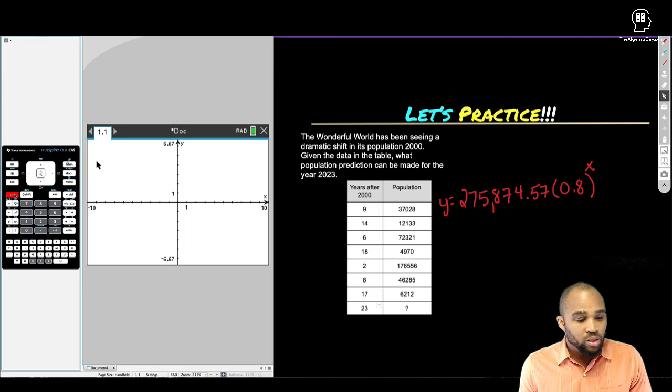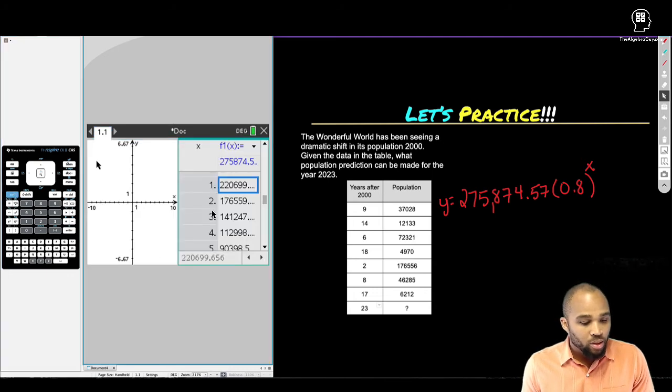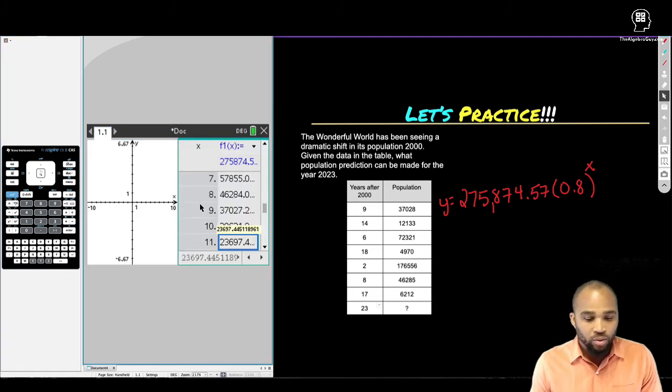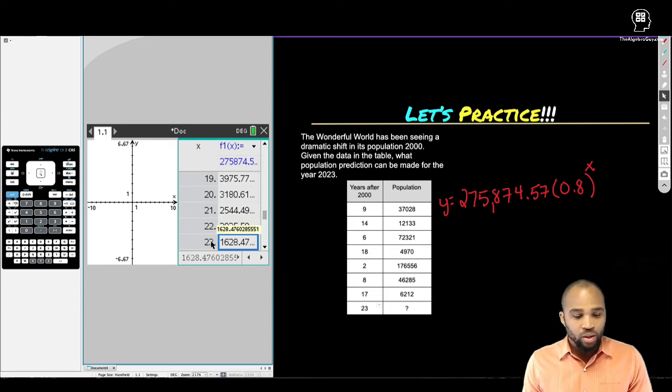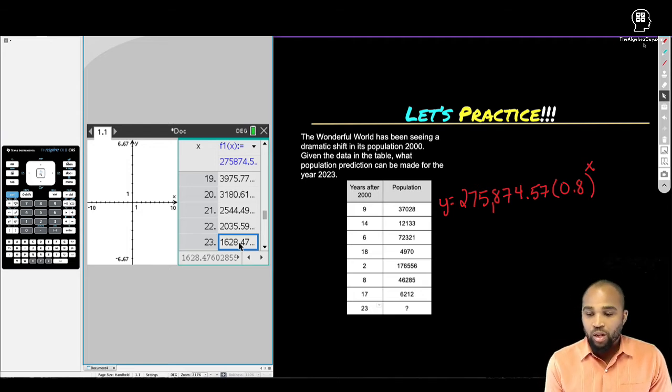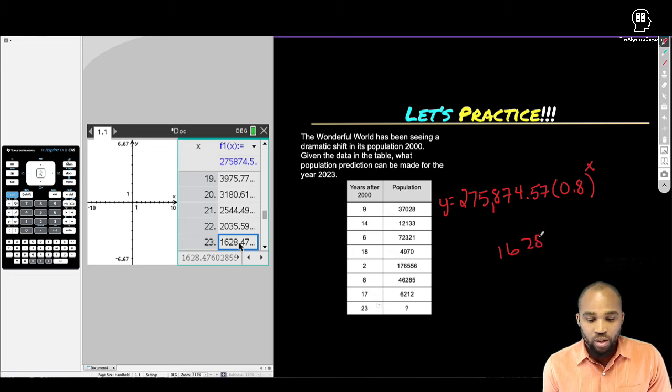But I can just go to the table, Control T, and if I scroll down where X is 23, my answer becomes clear, 1,628, and I'm done. That's really all I need to do. I'll look at my answer choices and it'll be pretty clear that that's the only one that's even close. You could have looked at it on the graph as well.